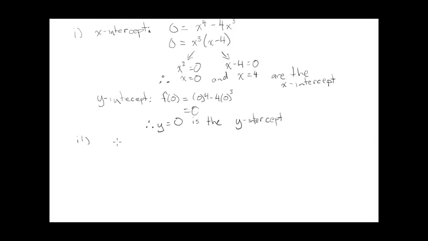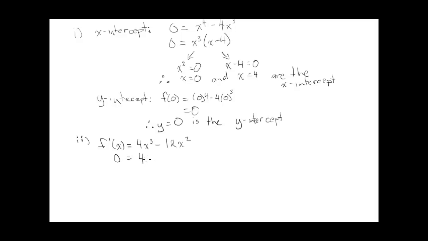Now we're going to look for intervals of increase, decrease. So in order to do that, we have to take the first derivative. So f prime of x is equal to 4x cubed minus 12x squared. To get the intervals of increase and decrease, you're going to set that equal to 0.